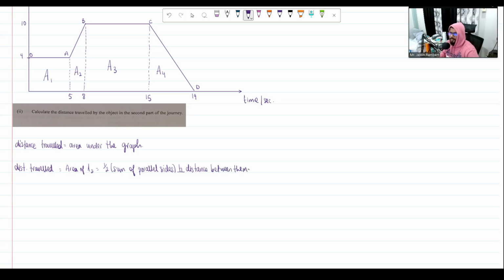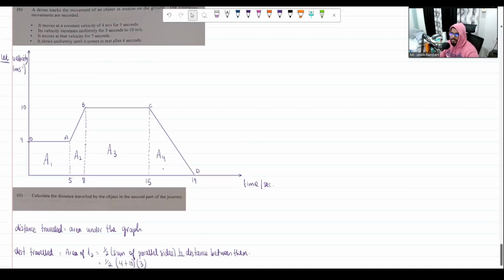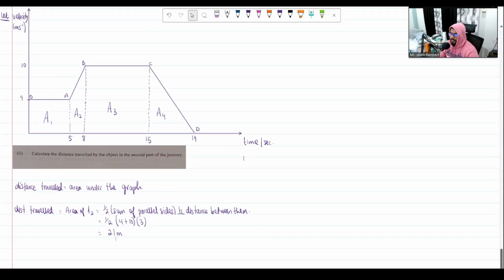It's not always the perpendicular height, because this is the perpendicular distance here, and technically it's not the height. Height is this way. So this is 1/2 times the sum of the parallel sides, 4 plus 10, times the perpendicular distance between them, 3. 10 and 4 is 14, half of 14 is 7, and 7 times 3 is 21 meters, because the velocity is in meters per second and time is in seconds.